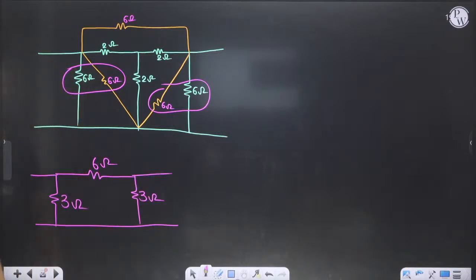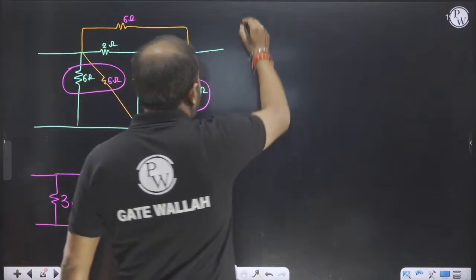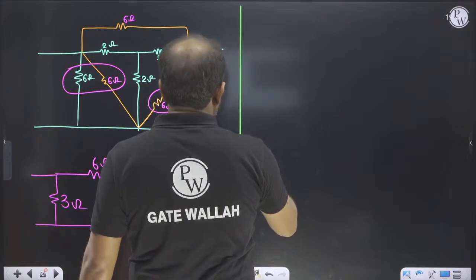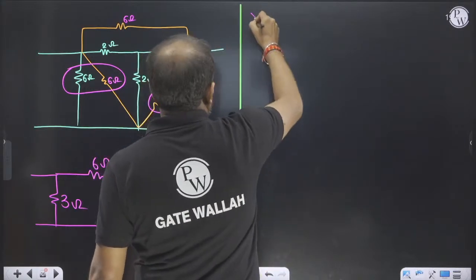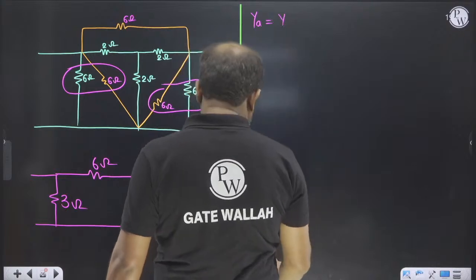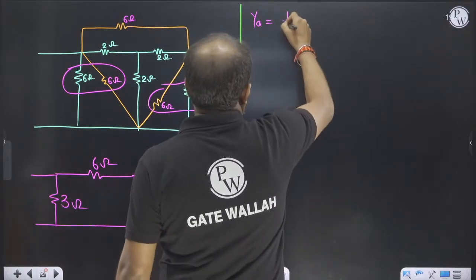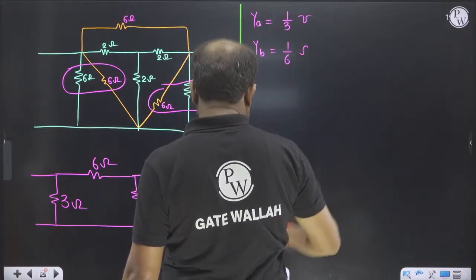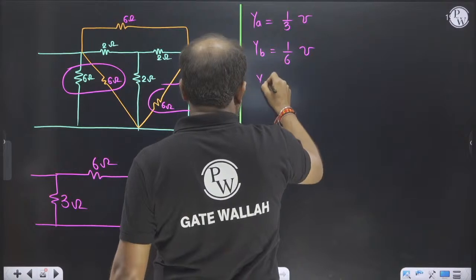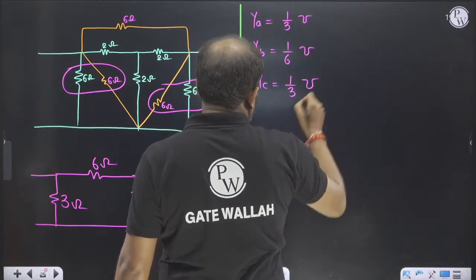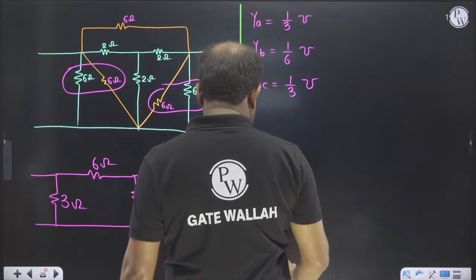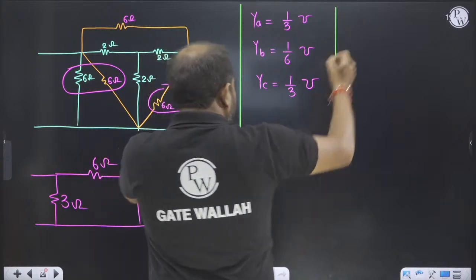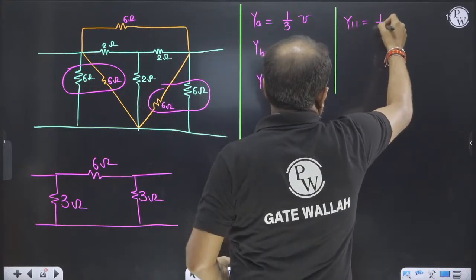So this one is the pi network. For the pi network, you can calculate YA, YB, YC. YA is equal to 1/3, YB is equal to 1/6 and YC is equal to 1/3. So Y11 is equal to YA plus YB, 1/3 plus 1/6.